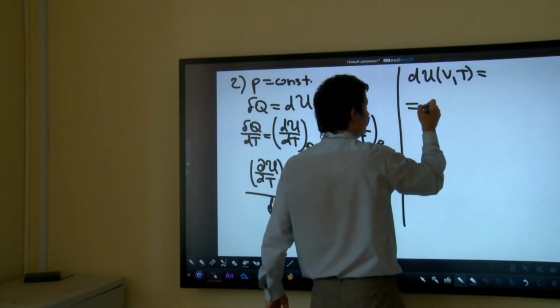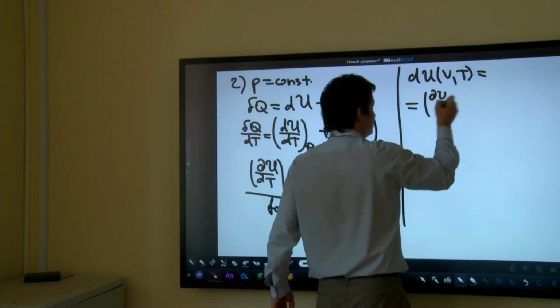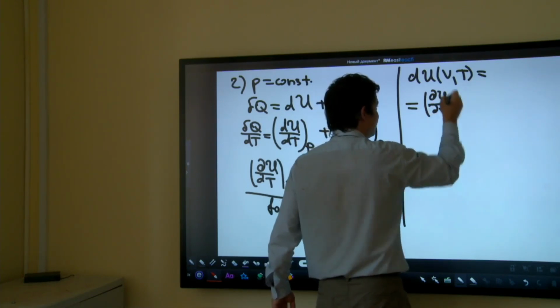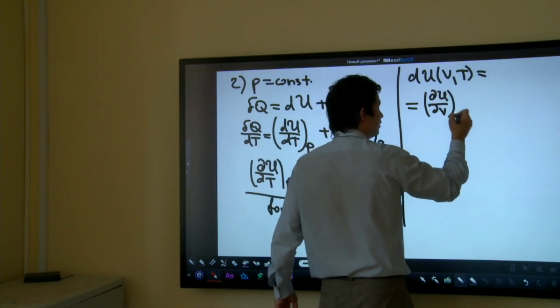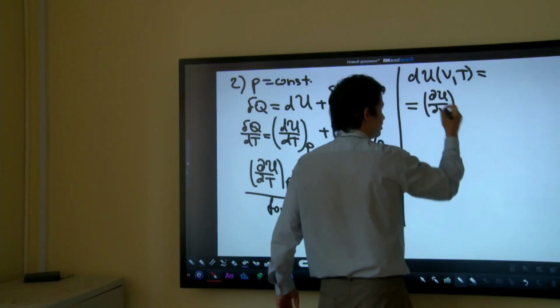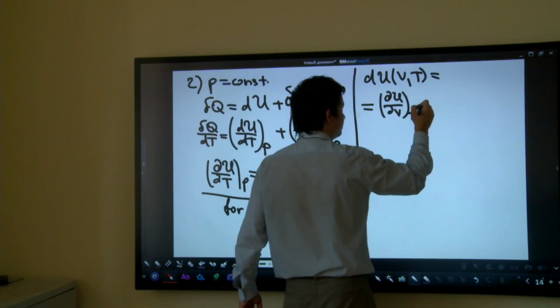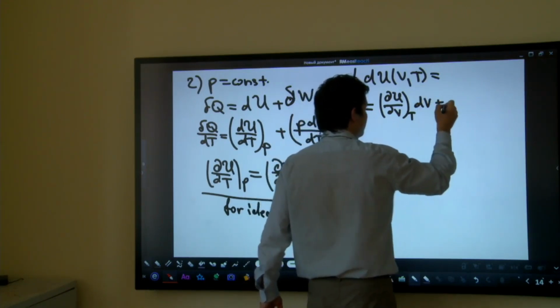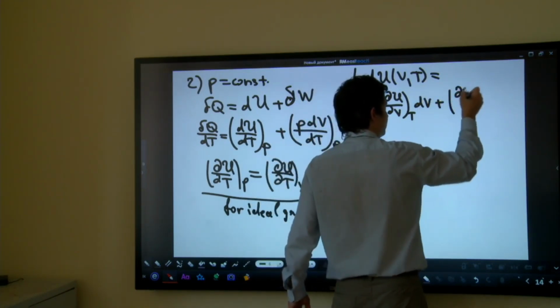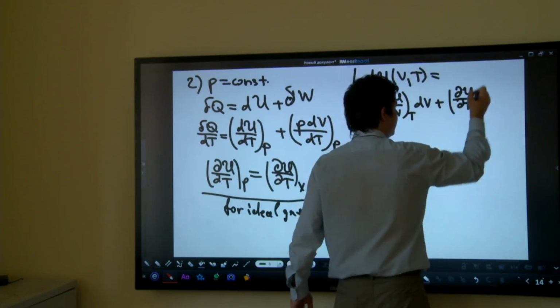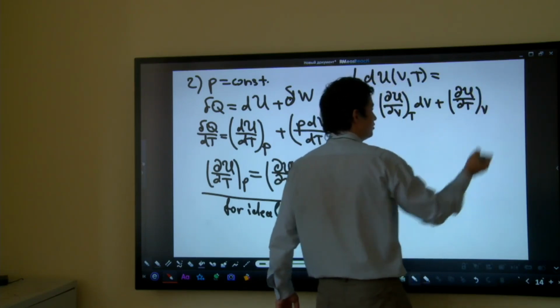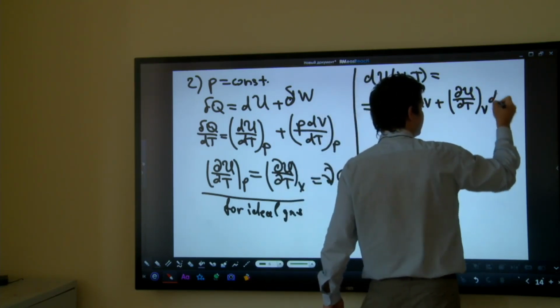So then dU would be dU over dV, a partial derivative at the constant temperature, times dV, plus dU over dT, partial derivative at the constant volume, times dT.